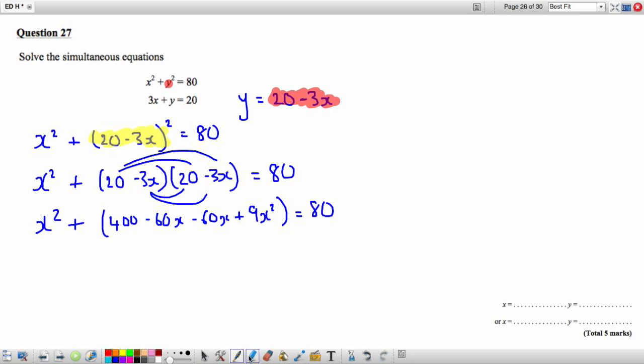Now this addition, this positive sign outside, is going to change a few things inside. So here we've got positive, that's fine. Here we've got negative, negative, and positive here.